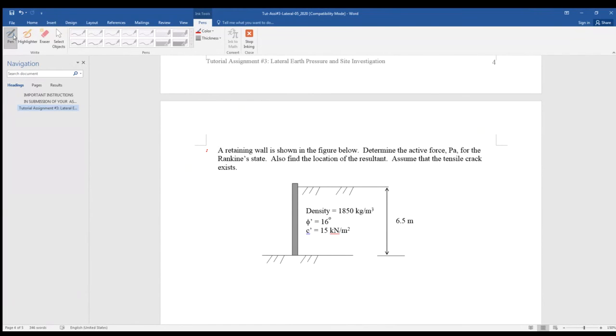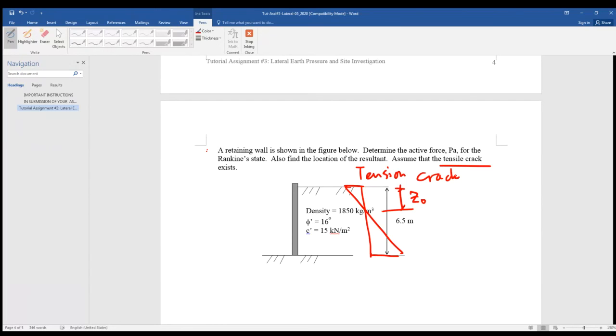Here, you got that is the Z0, okay, that's the tension crack there, right?